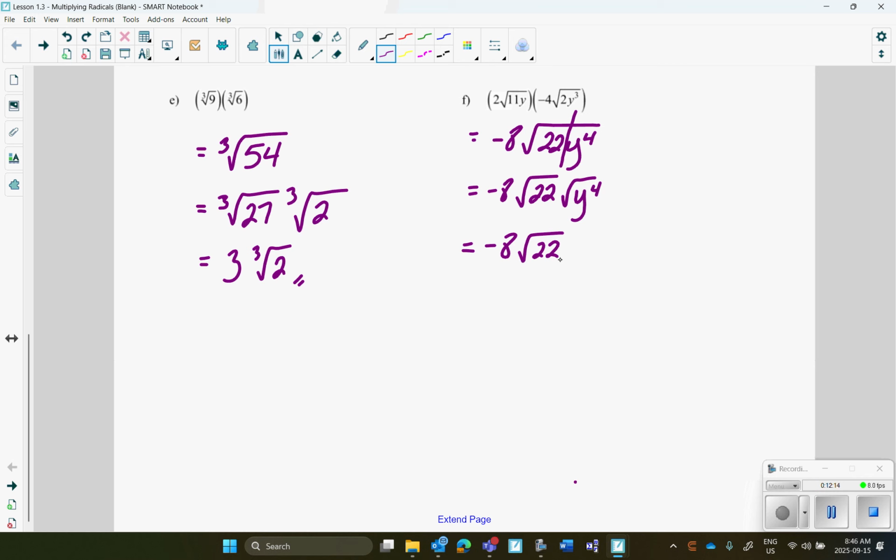What little number plus itself equals 4? 2. And then put the non-radicals beside each other and put the radical at the end.